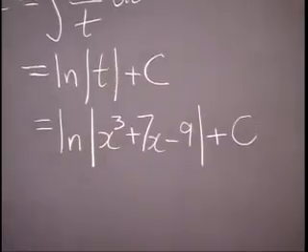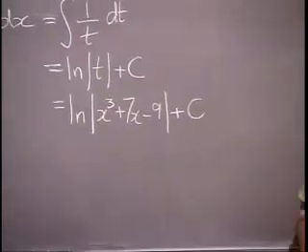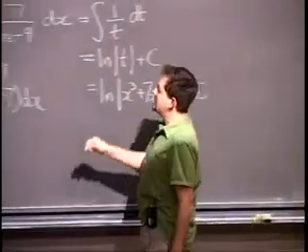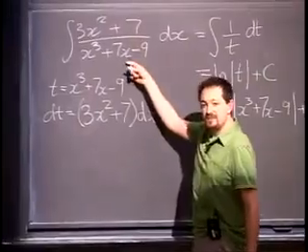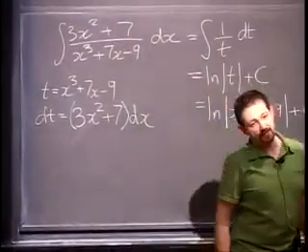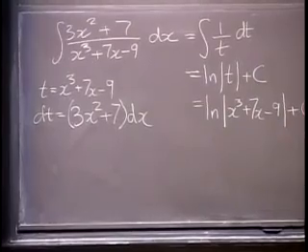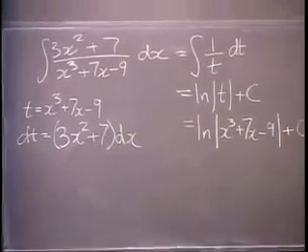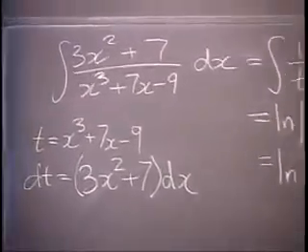Now this is a special case of a more general rule. Whenever you have a fraction where the numerator is the derivative of the denominator, the answer is just the log of the absolute value of the denominator, plus a constant.